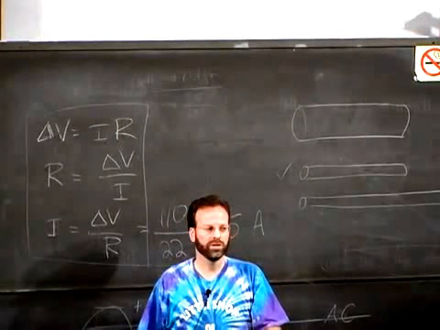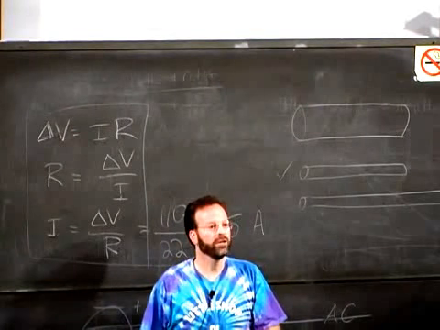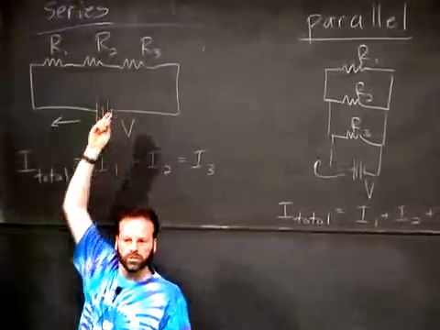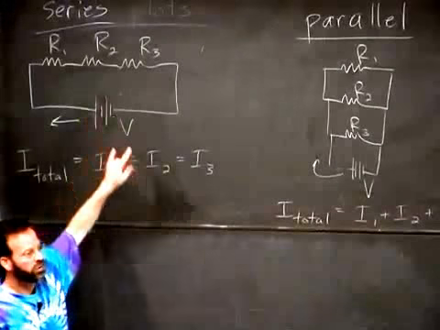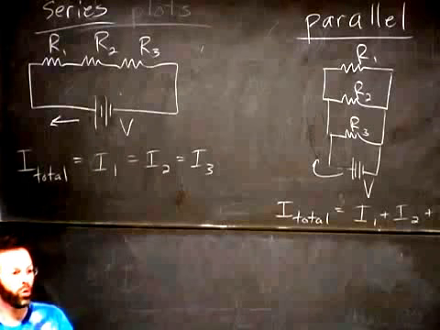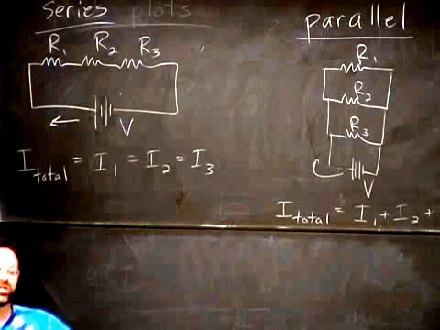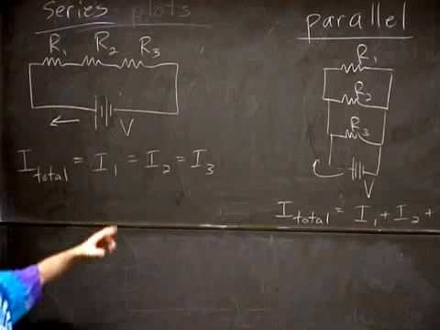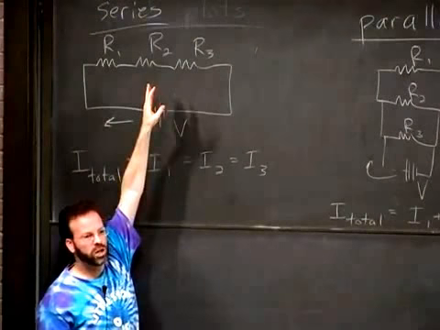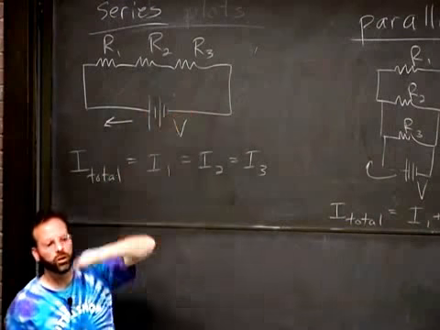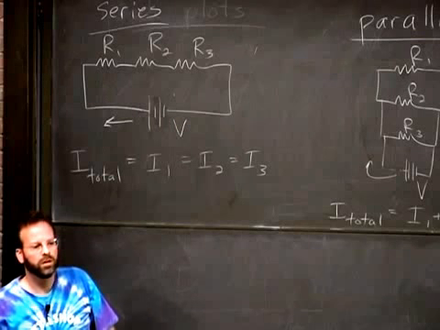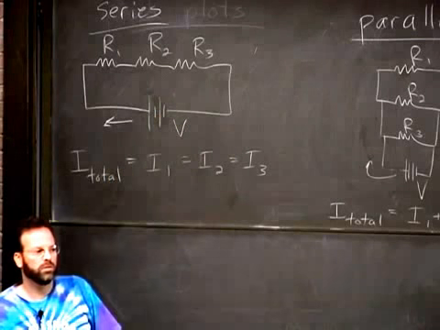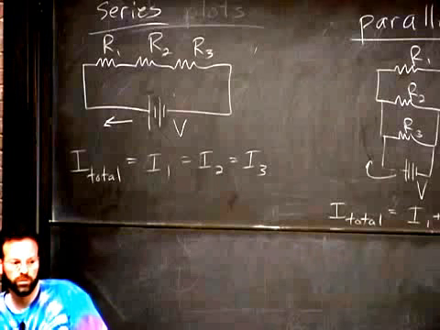Does that increase or decrease the resistance? Increase. So adding more resistors in series means the voltage source sees more resistance total. It's got to get through more stuff before it can get back. And so if the resistance increases, Ohm's law tells us the current drops. So adding more resistors in series allows less current to flow.